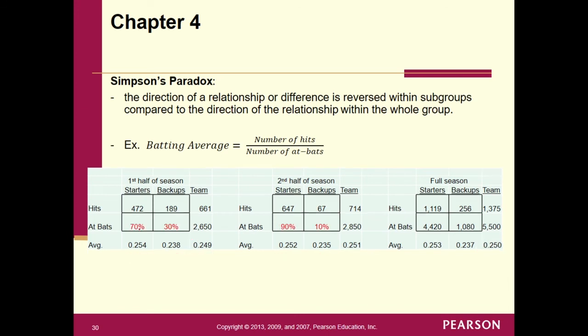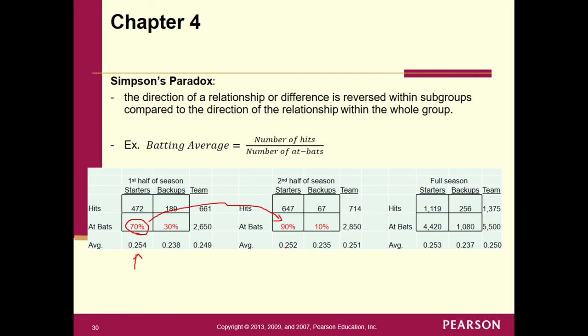In the first half of the season, when the starters had a batting average of 254, they had 70% of the at bats. They had 70% of the attempts. In the second half of the season, when there were fewer injuries, they had 90% of the attempts.